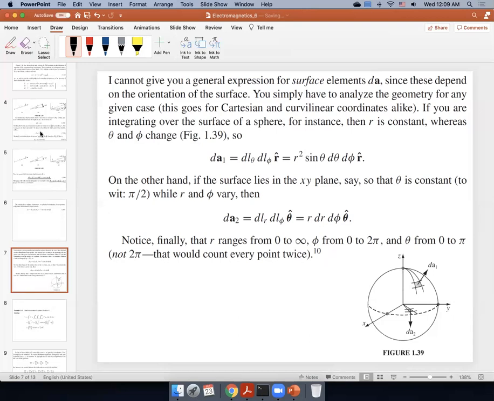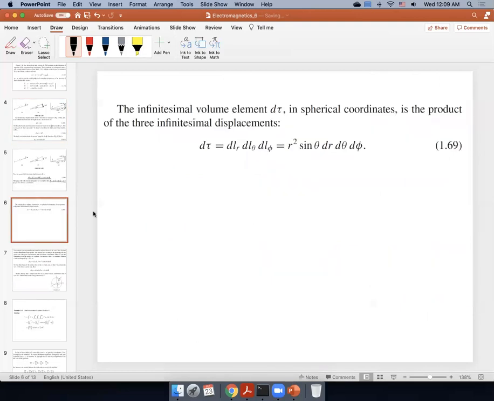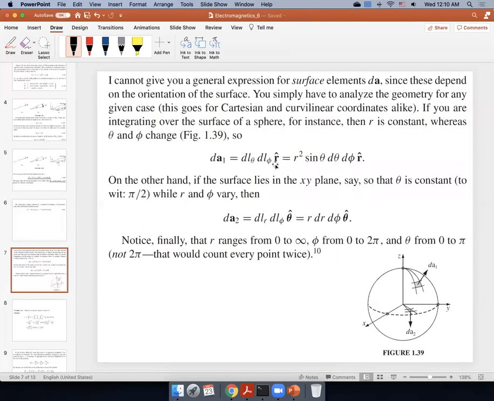And you know, dL theta is shown here, dL phi is shown here. And then the direction is r hat, which means the direction is going outward from the center of the sphere.